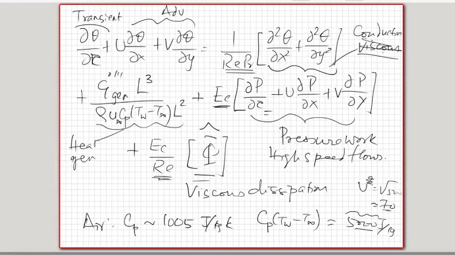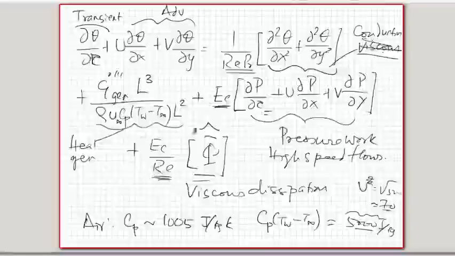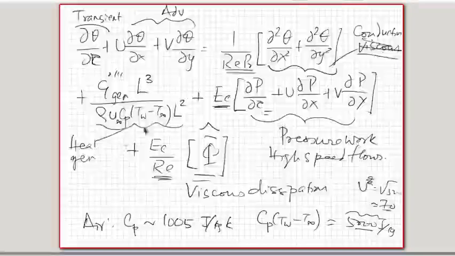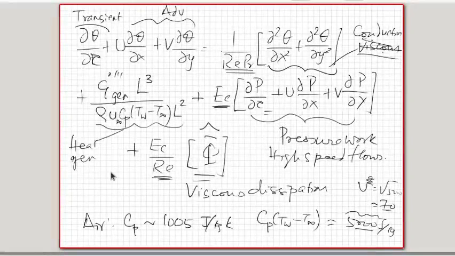So Ec by Re becomes important in such a case, in which case the viscous dissipation becomes important. For example, in the case of bearings in high-speed shafts, the dissipation of kinetic energy into heat becomes an important term, and that is when the viscous dissipation is important.